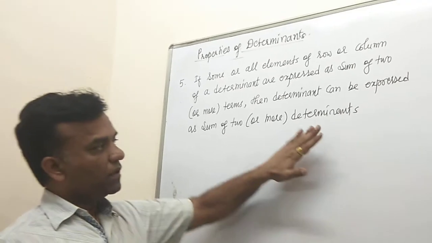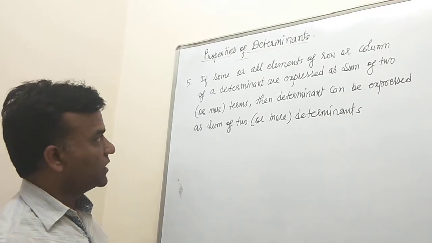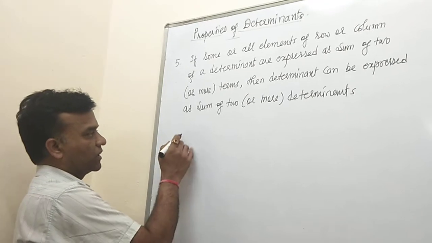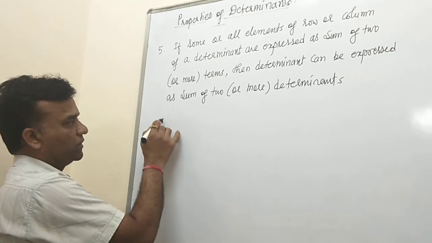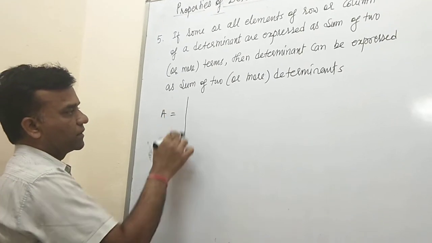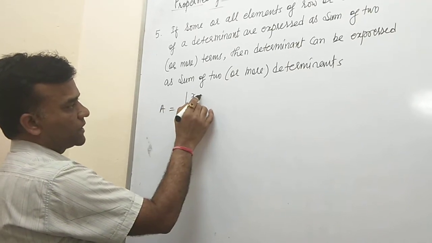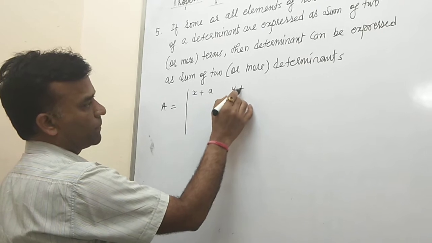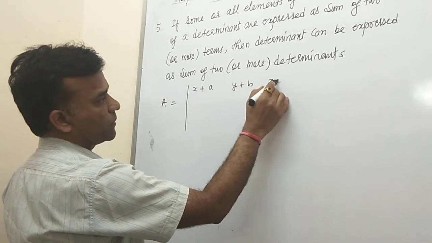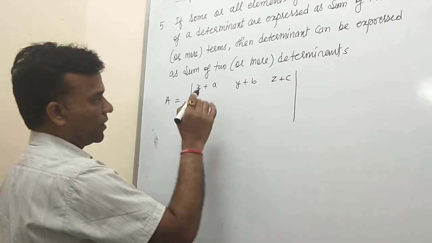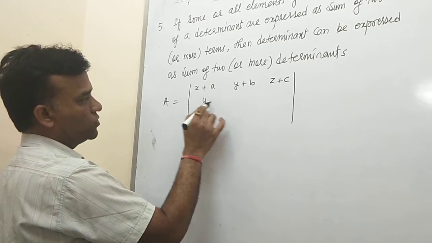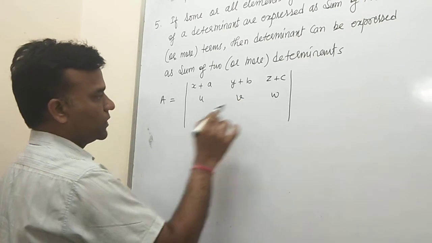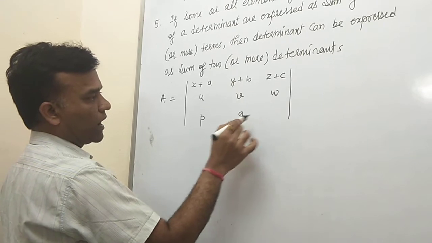It means, suppose you have a square matrix given in the form of a determinant. Here we write a determinant with x plus a, y plus b and z plus c, and then u, v, w and p, q, r.